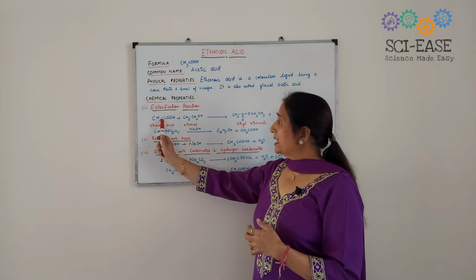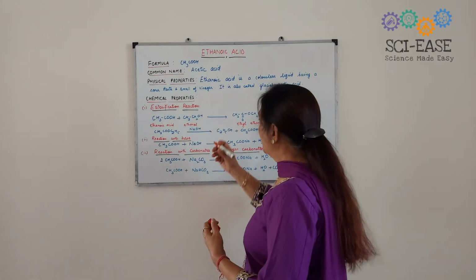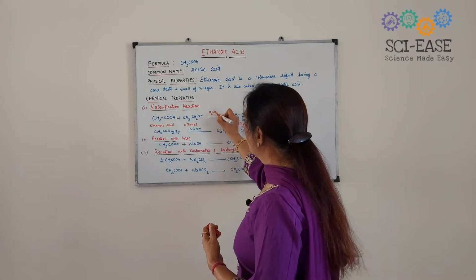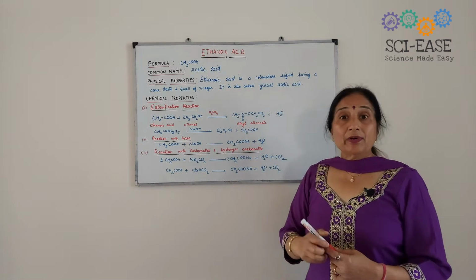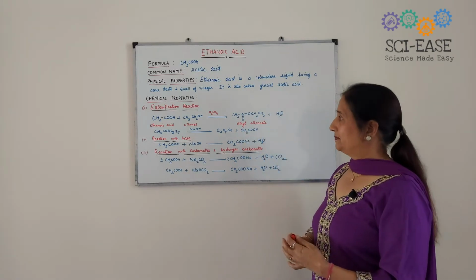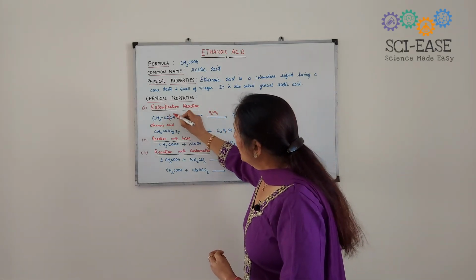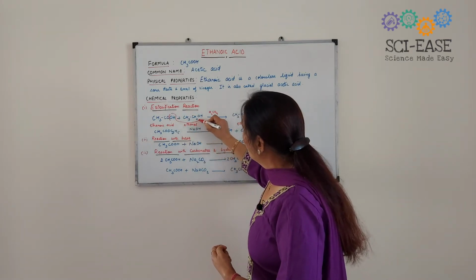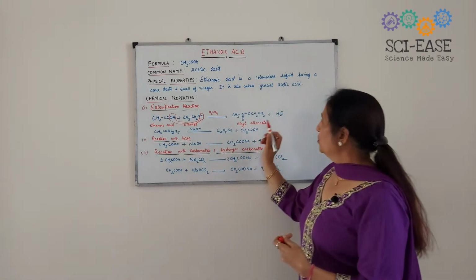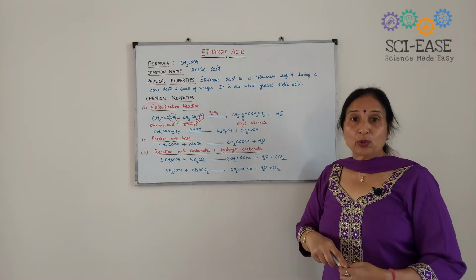So when ethanoic acid and ethanol react in the presence of a little amount of sulfuric acid, it will result in the formation of ethyl ethanoate and water. Water will be removed.